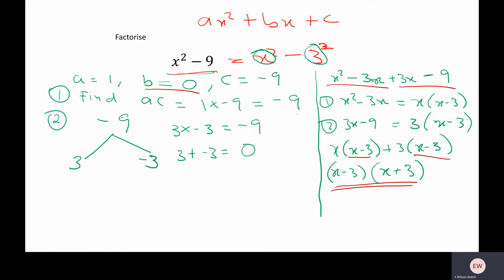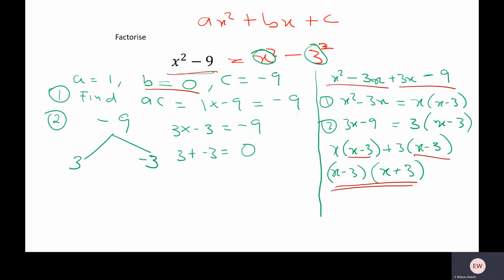So it's going to be x minus 3. And then in the second bracket, you pick the base of the first term and you add the base of what? The second term, which is the plus 3. So this is how difference of two squares is done.